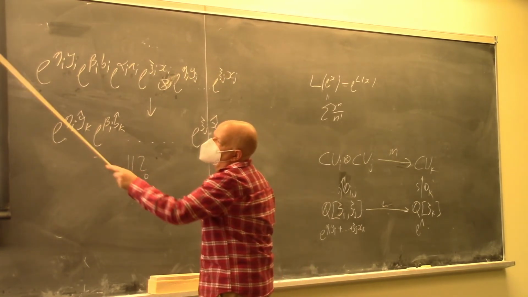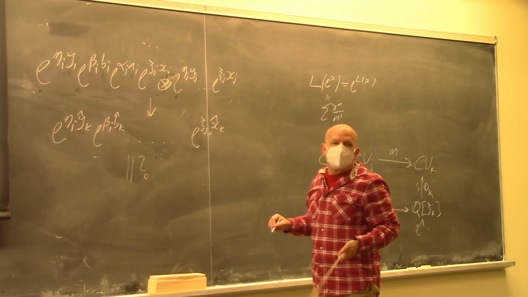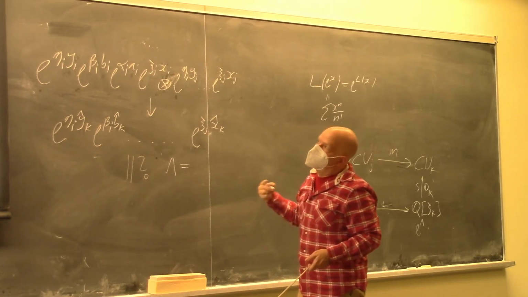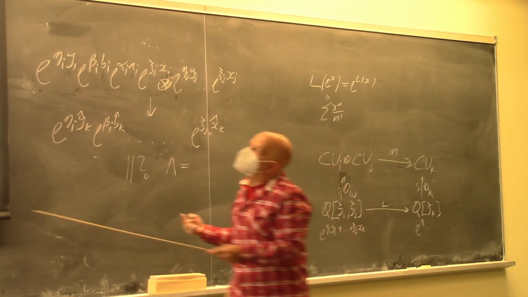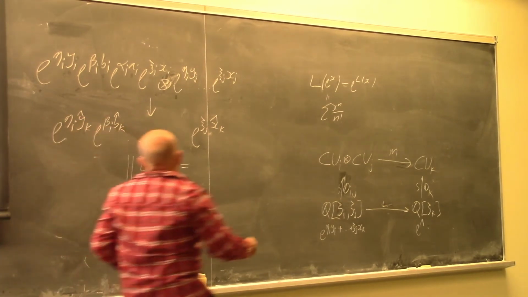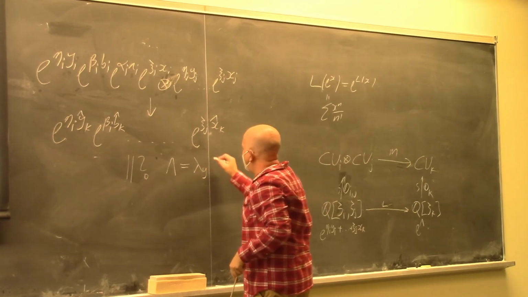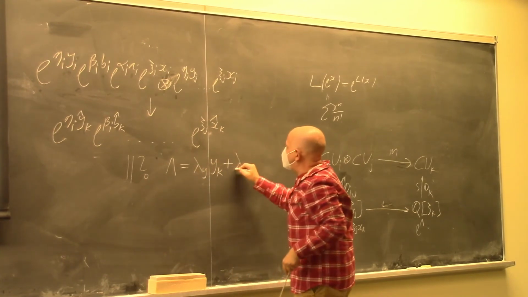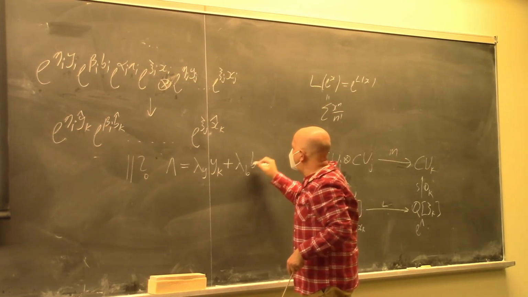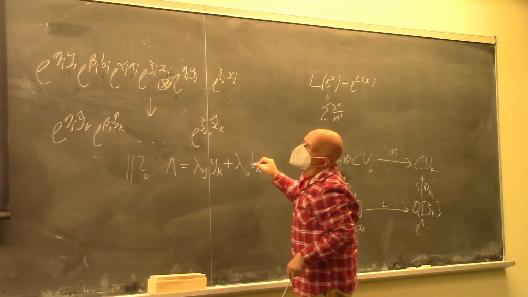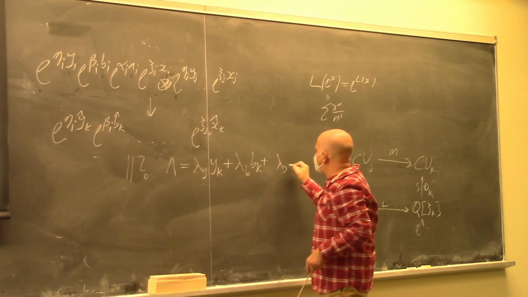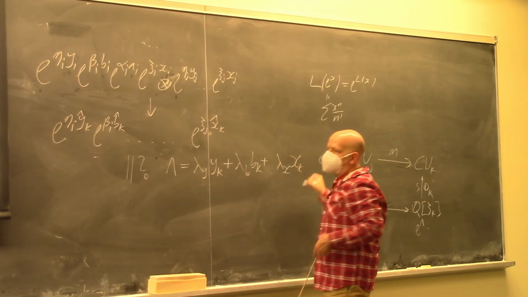Okay? So, I need to check if this is equal to the right-hand side. What is the right-hand side? So let's write lambda as a sum of four things. It's a coefficient times yk. So let's call it lambda y yk plus lambda b bk plus, and so on, all the way to lambda x xk.